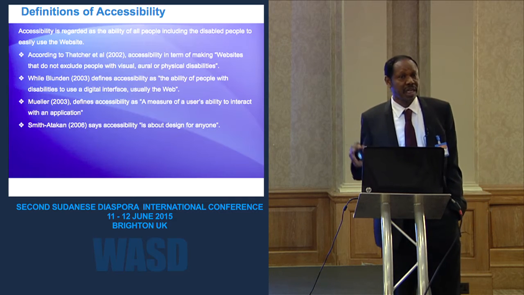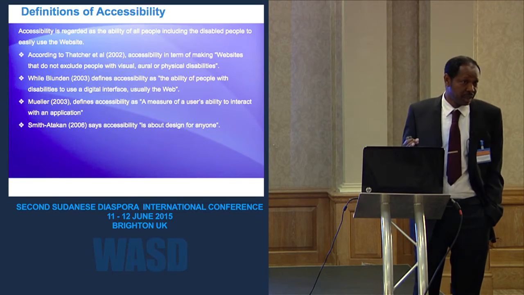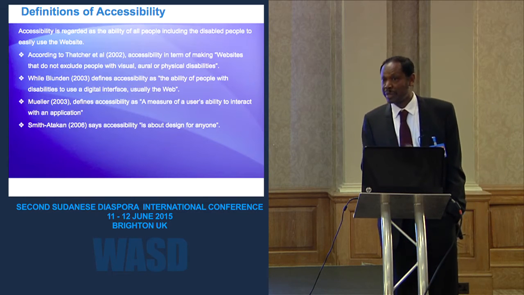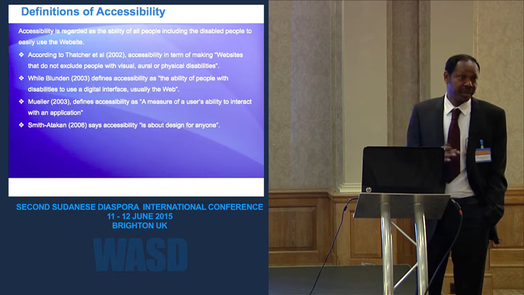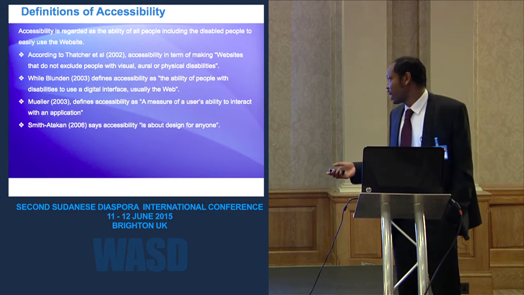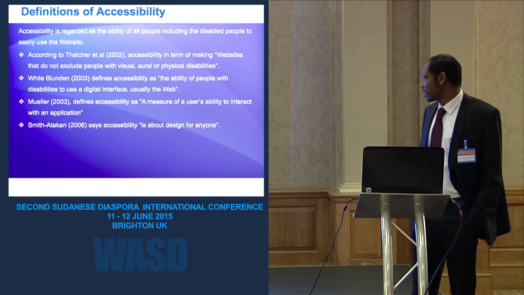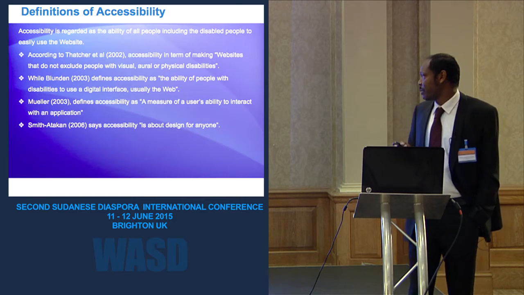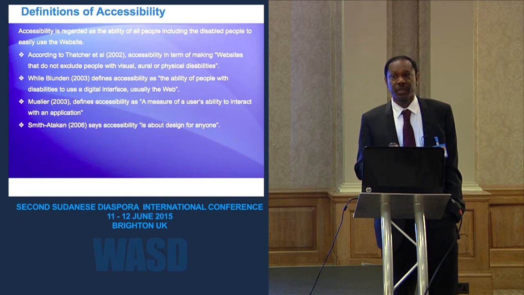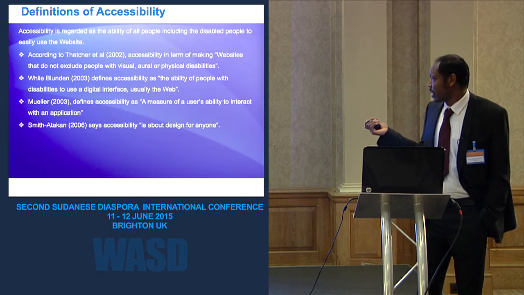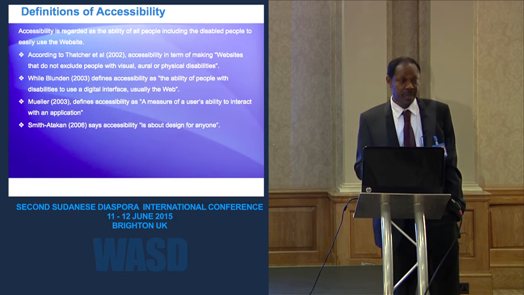So when you design a website, it should be designed for anyone, not excluding any particular person or any disability or non-disability. And also, the content's degree to which a website is usable by people with a disability. So the website must be usable for people with disability.